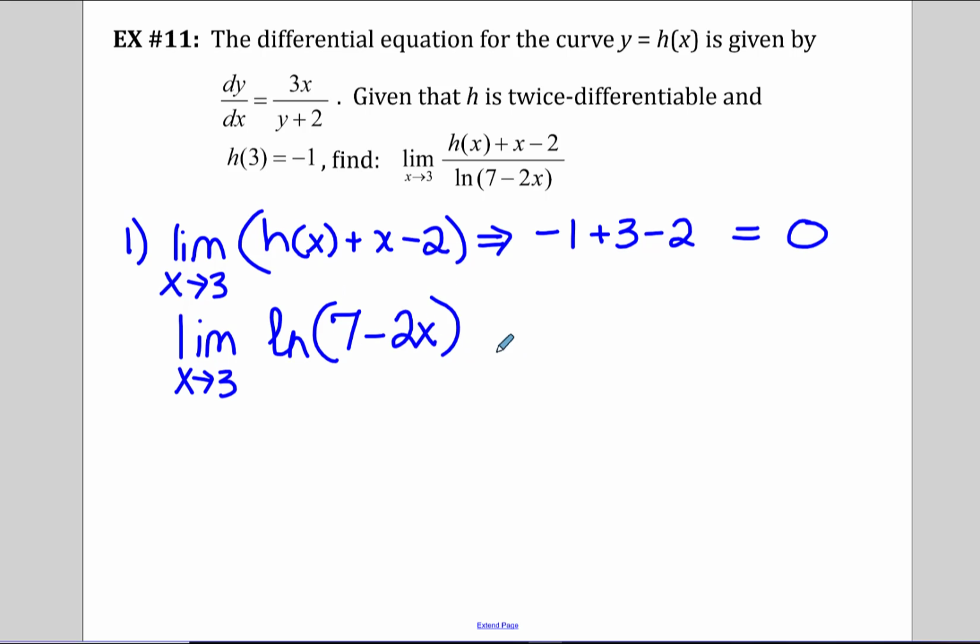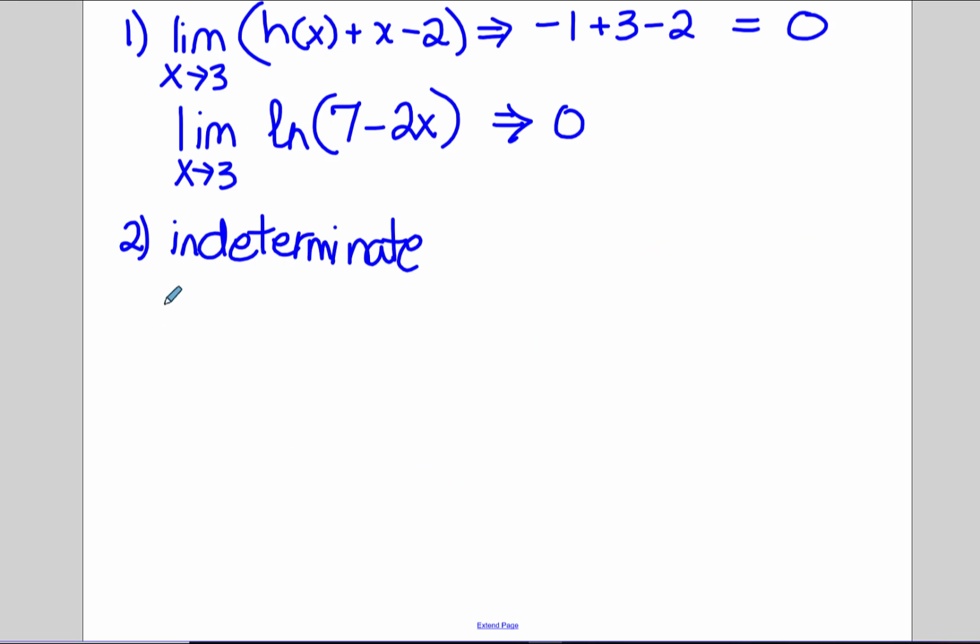That's the natural log of 1. And the natural log of 1 is also 0. So we have indeterminate form. And using indeterminate form, we can rewrite the limit by L'Hopital's rule.